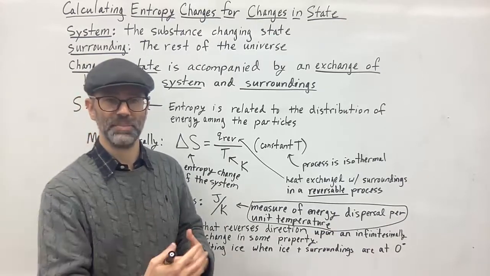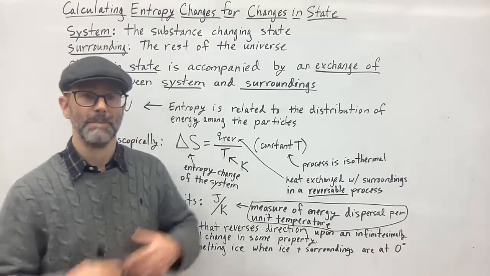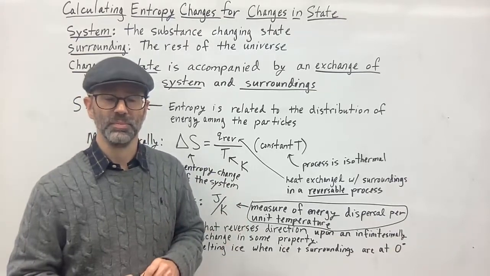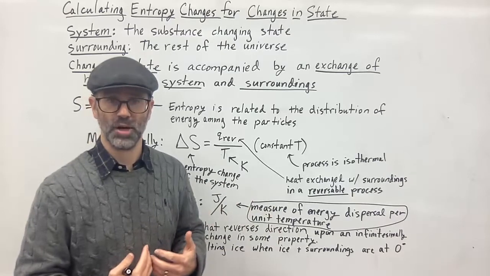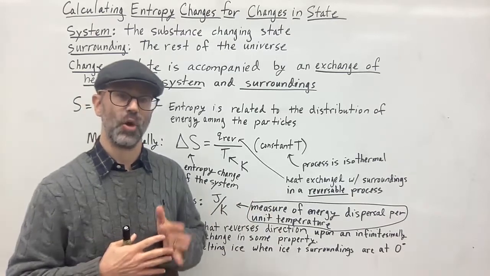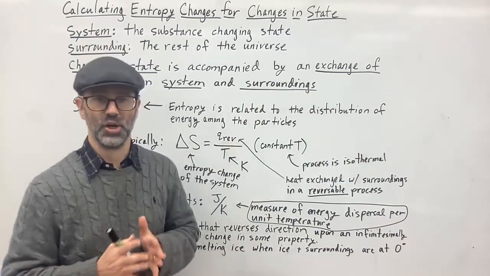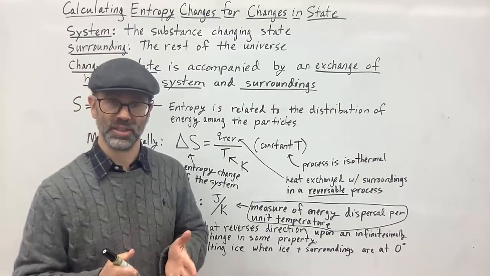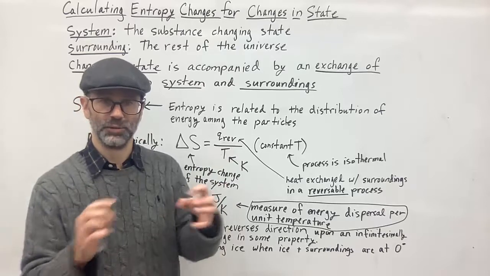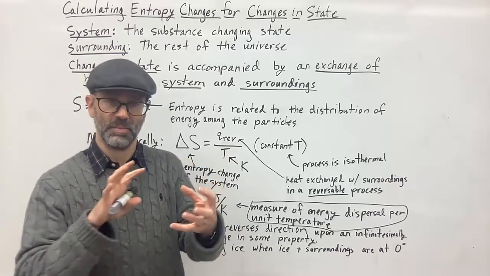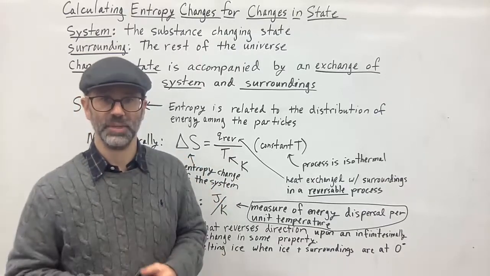Or if it's the opposite, if you're freezing something, or freezing water, for example, that means heat is going out of the substance. So the substance is losing the heat, and so the molecules are slowing down. The intermolecular forces are getting them to more strongly attract and come together.